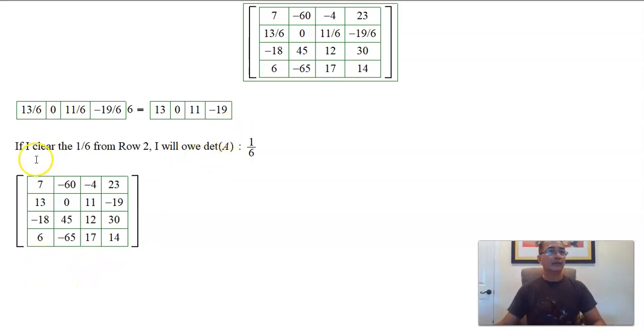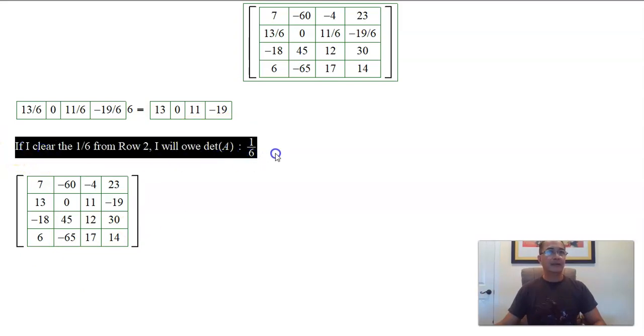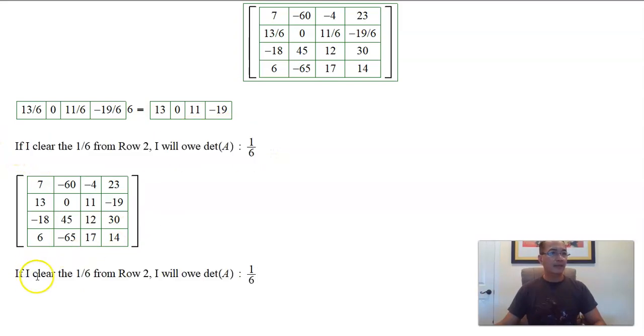Okay, so if I factor out the 5 from column 2, I will now owe determinant of A. I owe an extra 5.